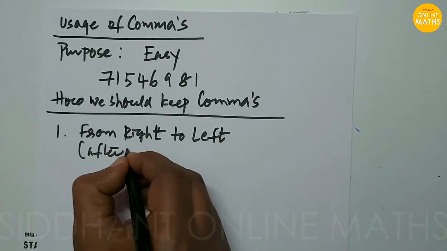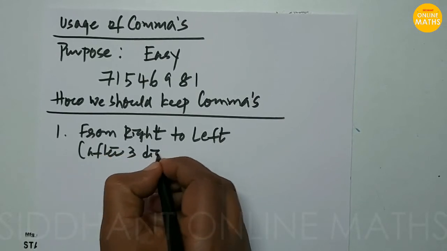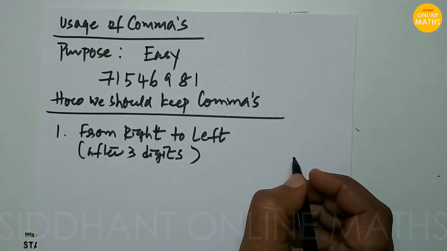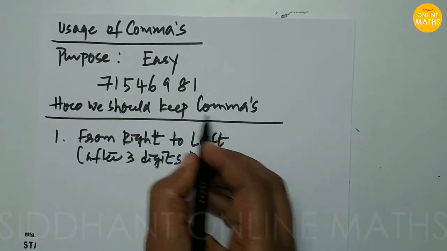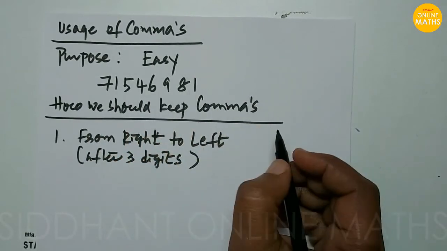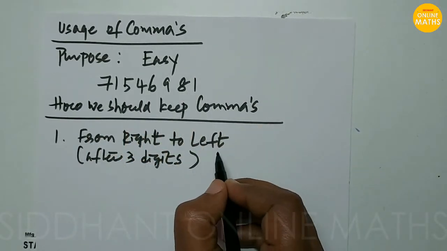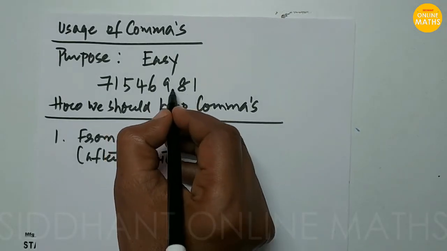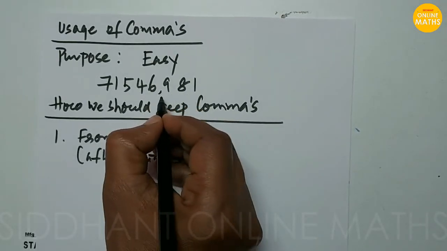Suppose in the above example 7154698 is there. From right to left, after 3 digits we are going to keep a comma. That means 1, 2, 3. So here we keep 1 comma.